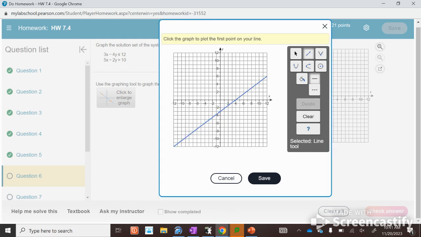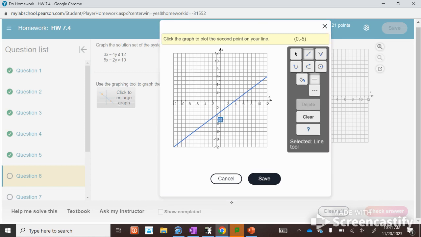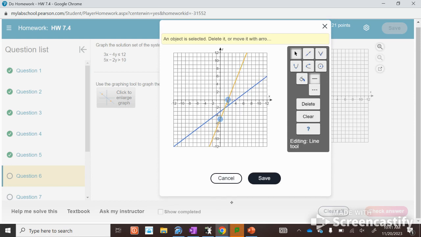My other line is at (0, -5) and then (2, 0). And then I check (0, 0) on my top line. Does (0, 0) work for my top line? Is 0 plus 0 less than 12? Yep.